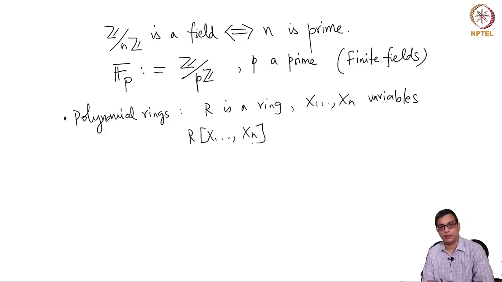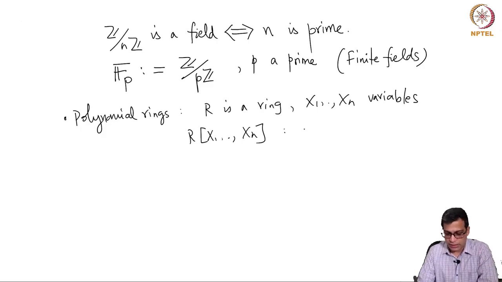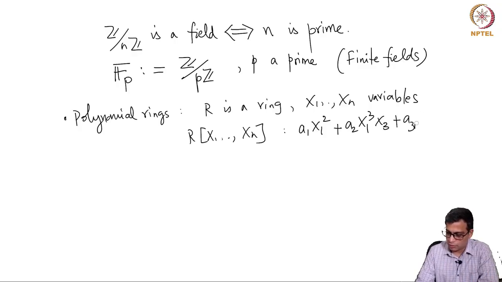You can consider the polynomial ring in n variables over the ring R. So typical elements are things like a1 x1 squared plus a2 x1 cubed x3 plus a4 a3. I'm just randomly writing something.